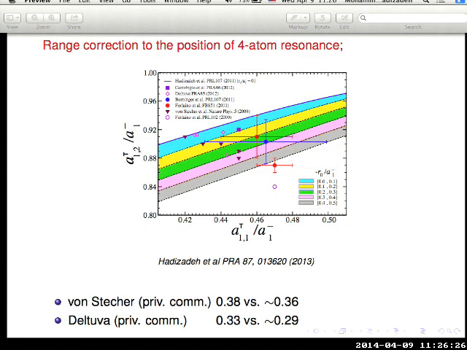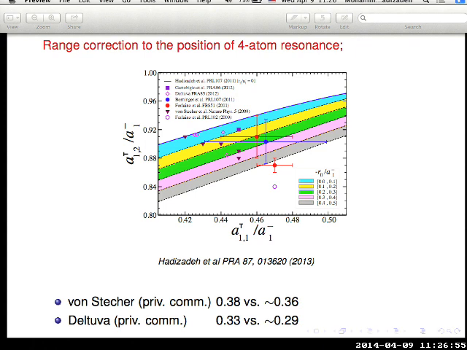So here we have the result. It was the curve that I showed in the previous slide for the zero range interaction. Here we have R0 over A 0.1, 0.2, 0.3, 0.4, and 0.5. And we have also the other theoretical results by Stature, Deltuva, and Gattobigio, and we have also this experimental result.